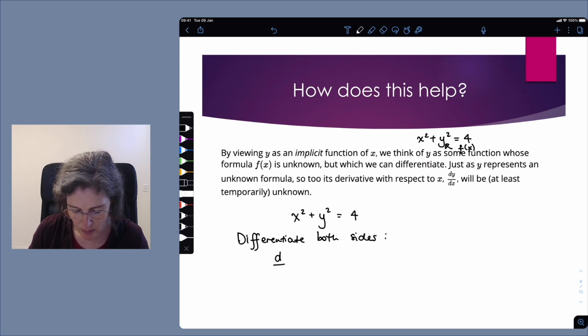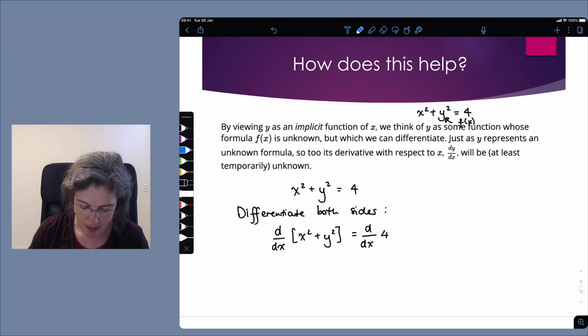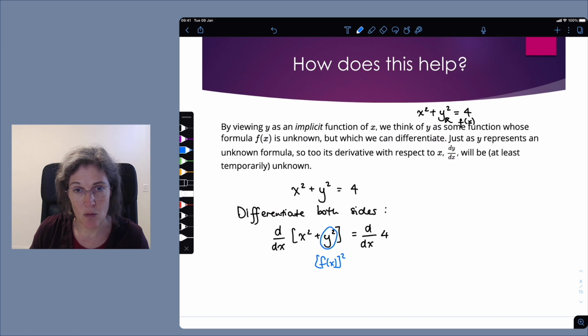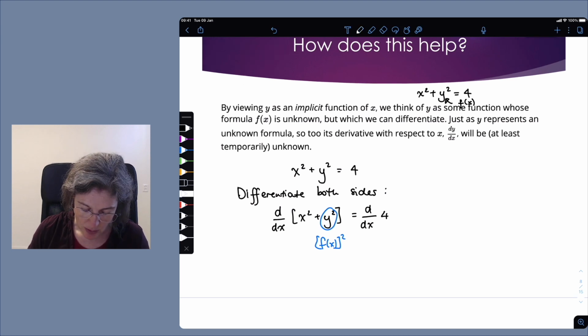So I'm going to say I want d by dx of x squared plus y squared, and that has to be equal to the derivative of 4. And remembering that we're thinking of this really as some f of x all squared, we've really dealt with this before. We know how to go about this. So we're going to take the derivative of x squared, which is just 2x.